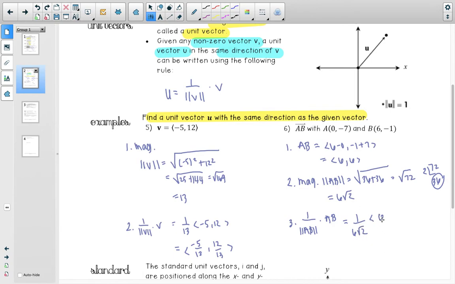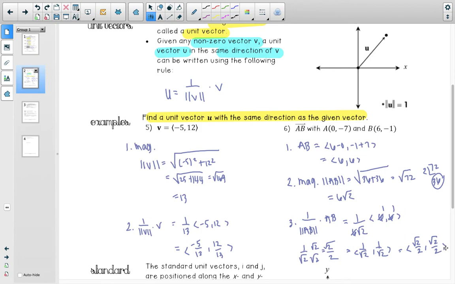And then you have 6 and 6. When you multiply the 6 in, the 6 is going to cancel, so you really have 1 right now. So you end up with 1 over the square root of 2 and 1 over the square root of 2, but we're not allowed a square root of 2 on the bottom. So if you remember, you multiply the top and bottom by the square root of 2, which gives you square root of 2 over 2. So your final answer is the square root of 2 over 2.